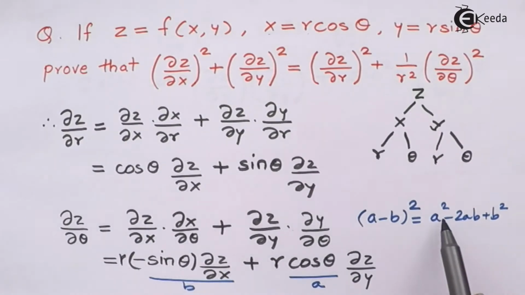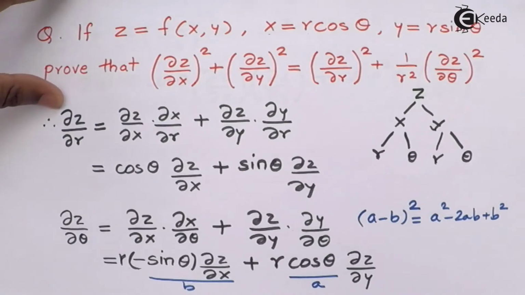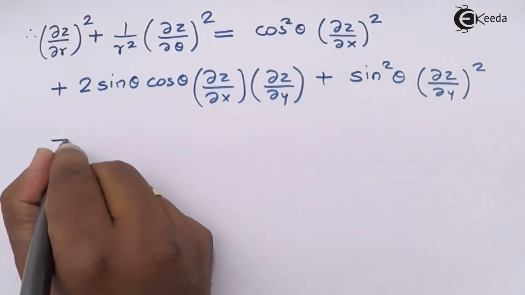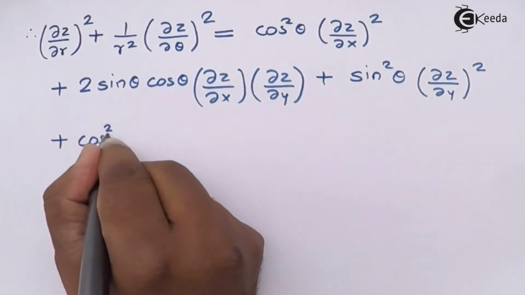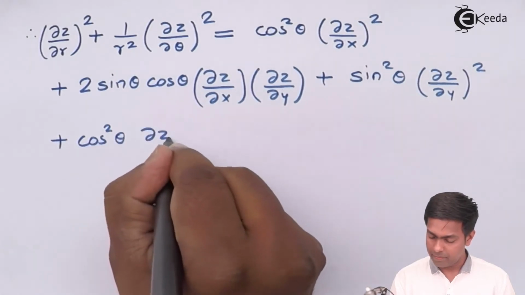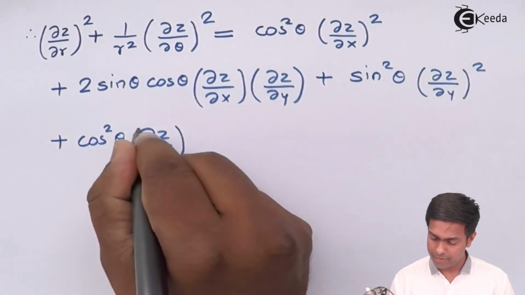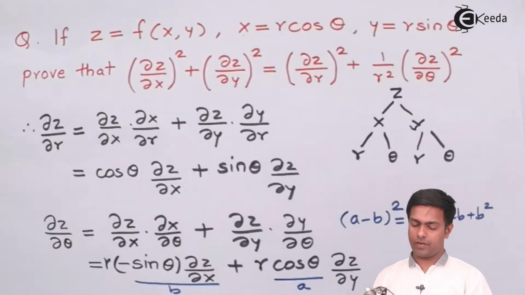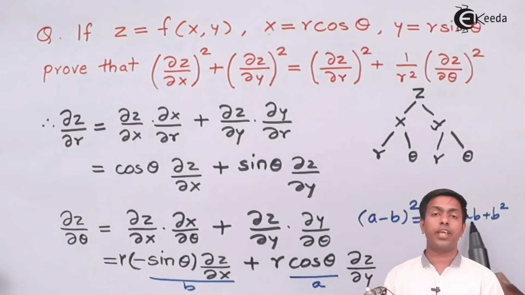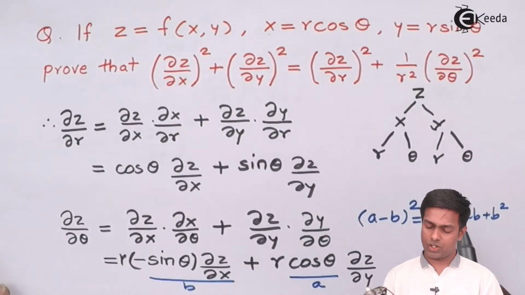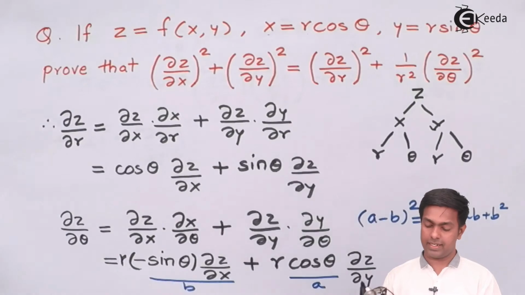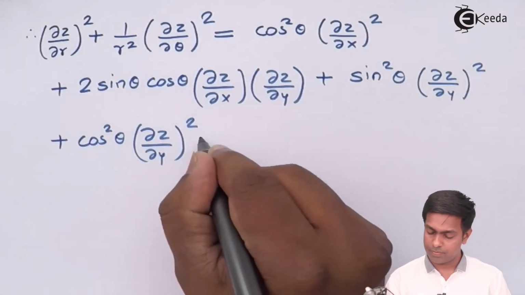So a square, that is square of this term, which will be plus cos square theta del z by del y the whole square. Next we have negative 2ab, so minus 2 cos theta sin theta del z by del x del z by del y.